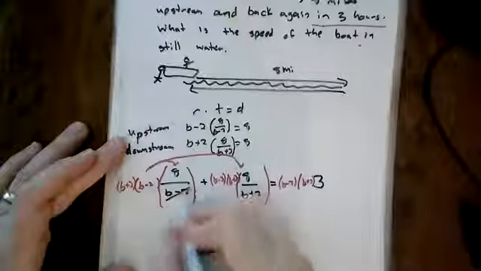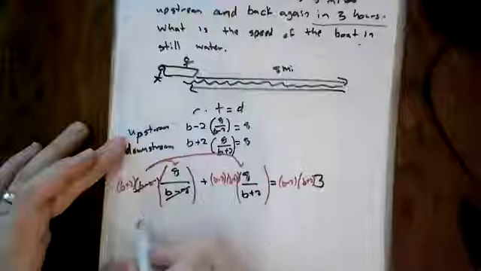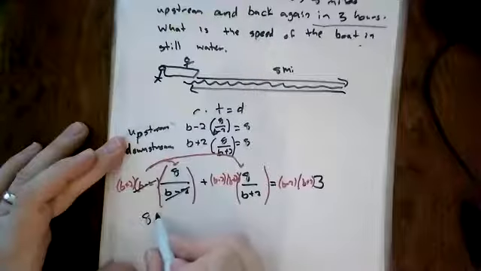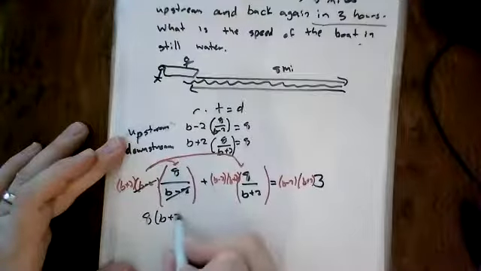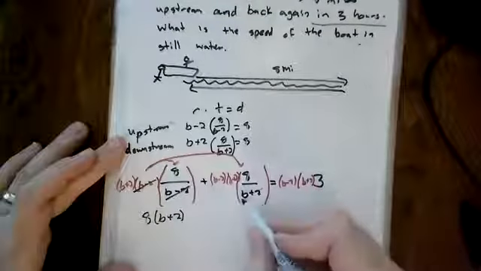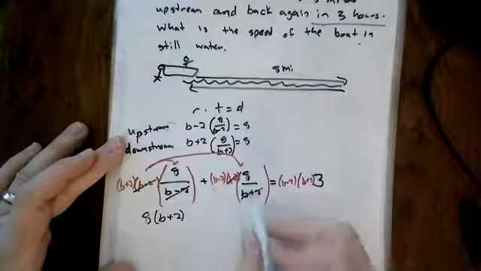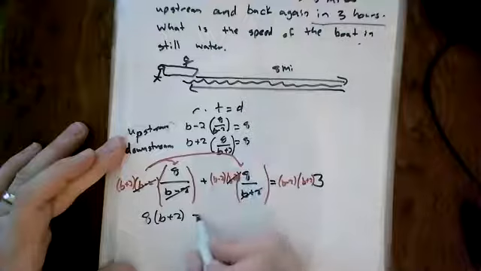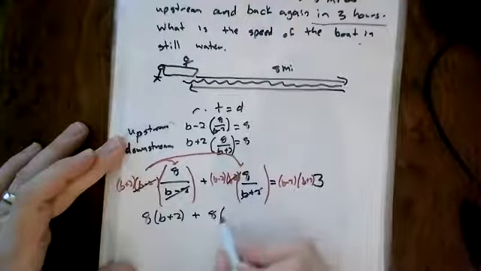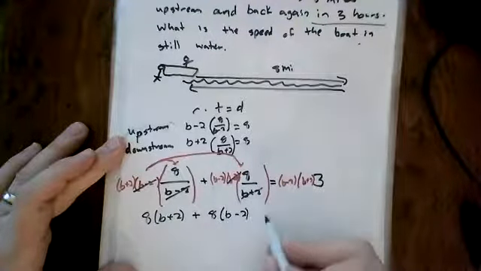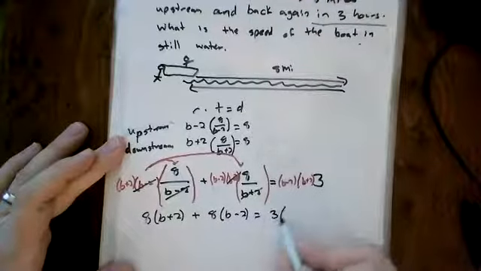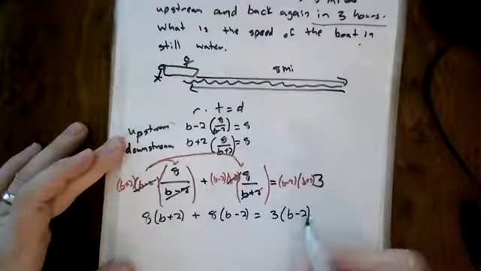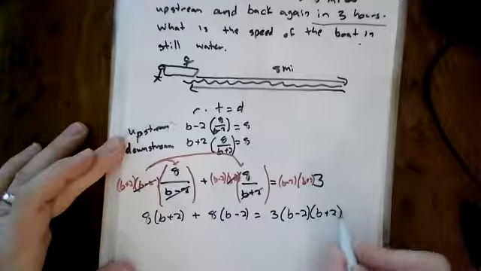So here the b minus 2's cancel out, so I'll have 8 times my b plus 2. Here my b plus 2's cancel out, so I'll just have 8 times my b minus 2. And over here, I'll have 3 times b minus 2 times b plus 2.